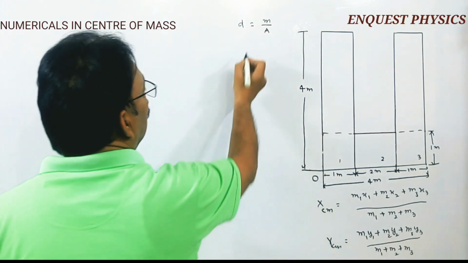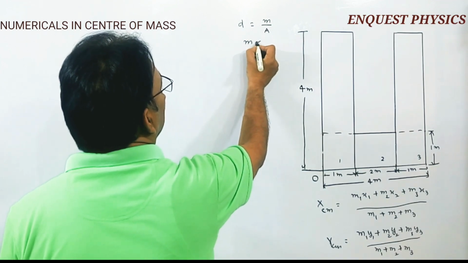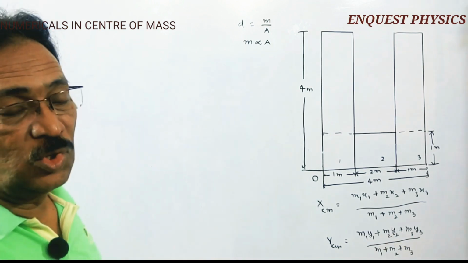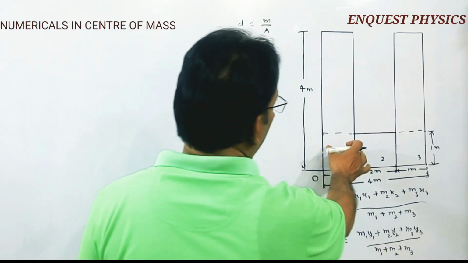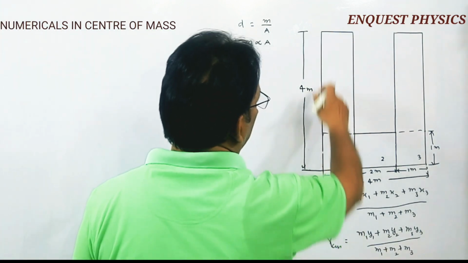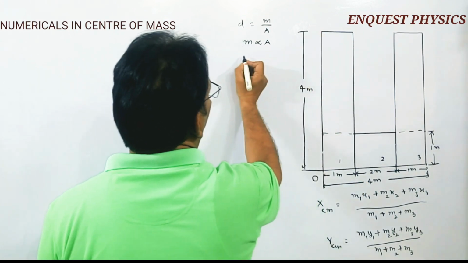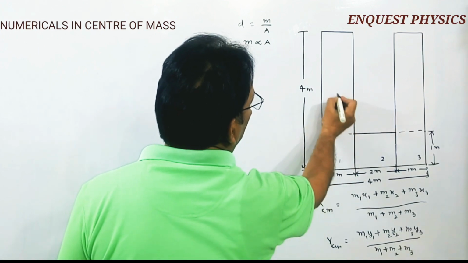That is, mass can be written in this way. Mass is proportional to area. Let's take this one. We have to find out the mass of this structure. The length is equal to 1 and breadth is 4. Let's say it is m1.